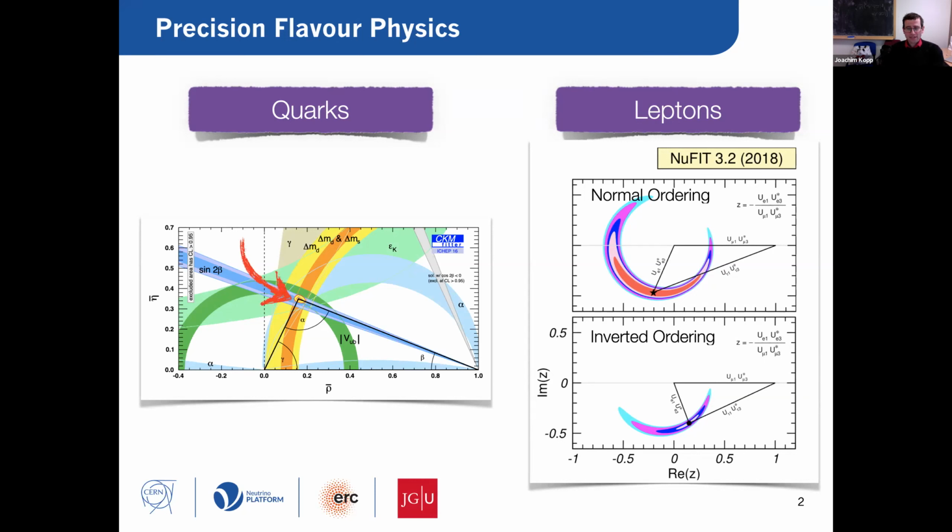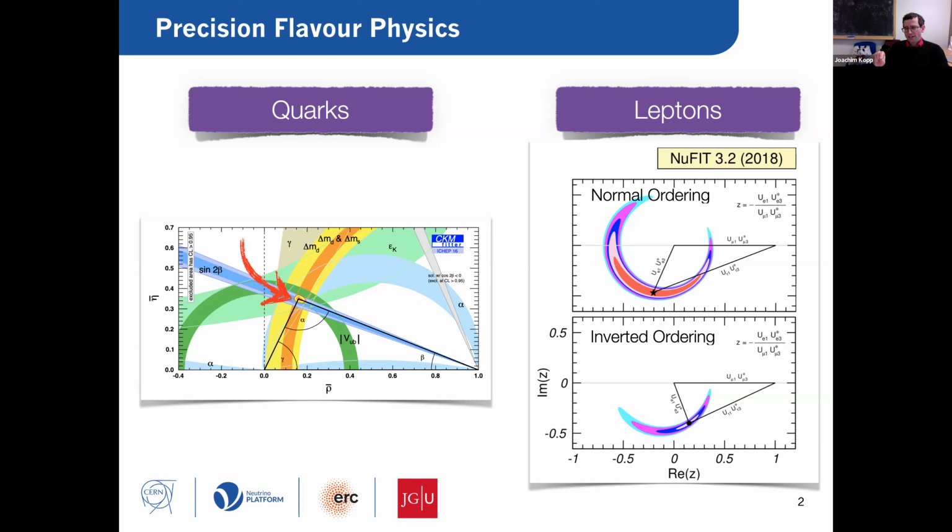We'd like to do the same in neutrino physics, but we are not quite there yet. So the plot on the right-hand side is from a global fit to neutrino oscillation data. And I realized that I should also have updated this plot because there are also newer versions of the fit, of course. But the general picture is still the same also with the newer fits. There's much more uncertainty still.